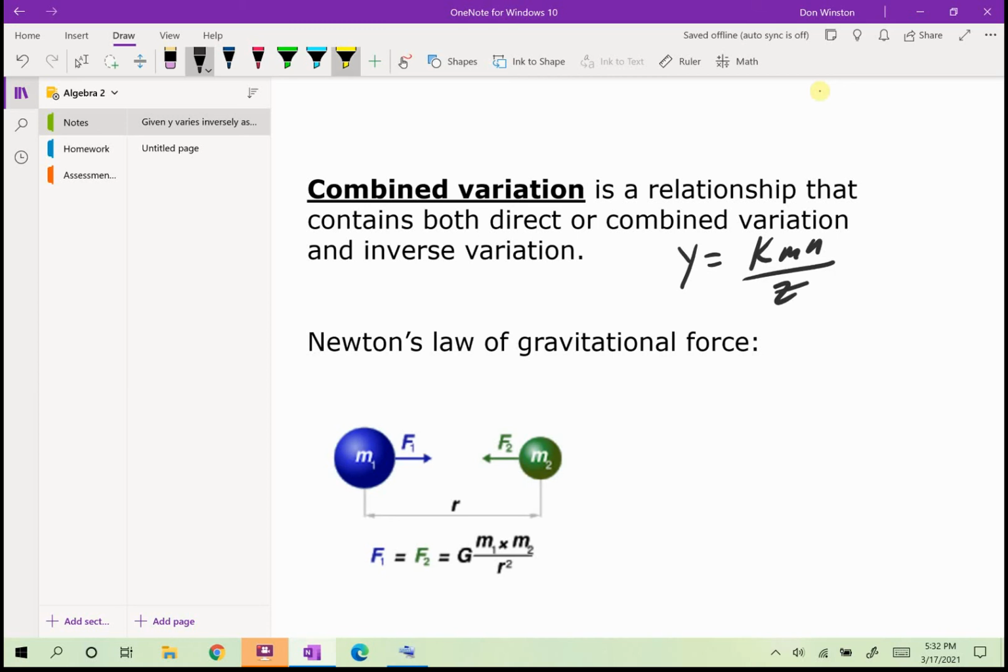Okay, so again here this would be both direct or joint variation, I should say. Combined variation is a relationship that contains both direct or joint variation.